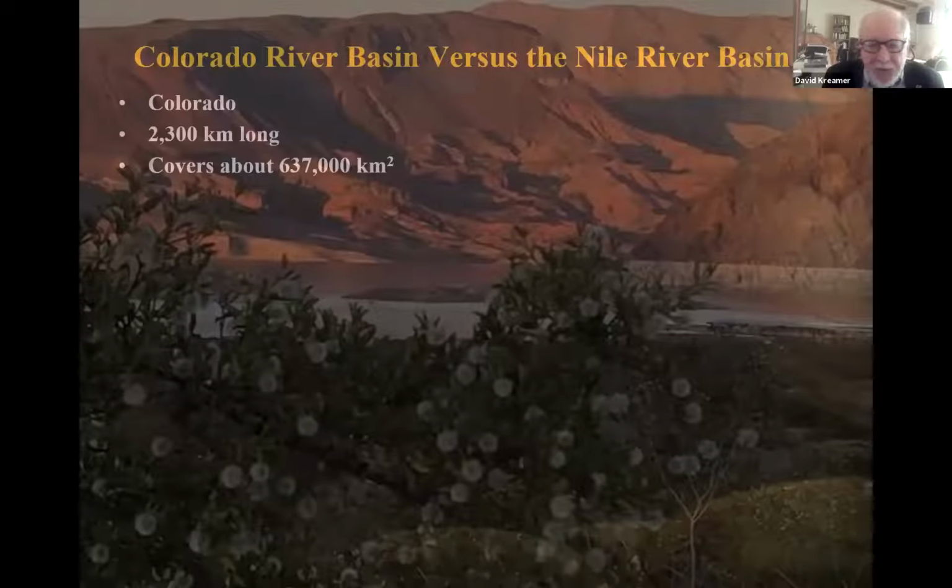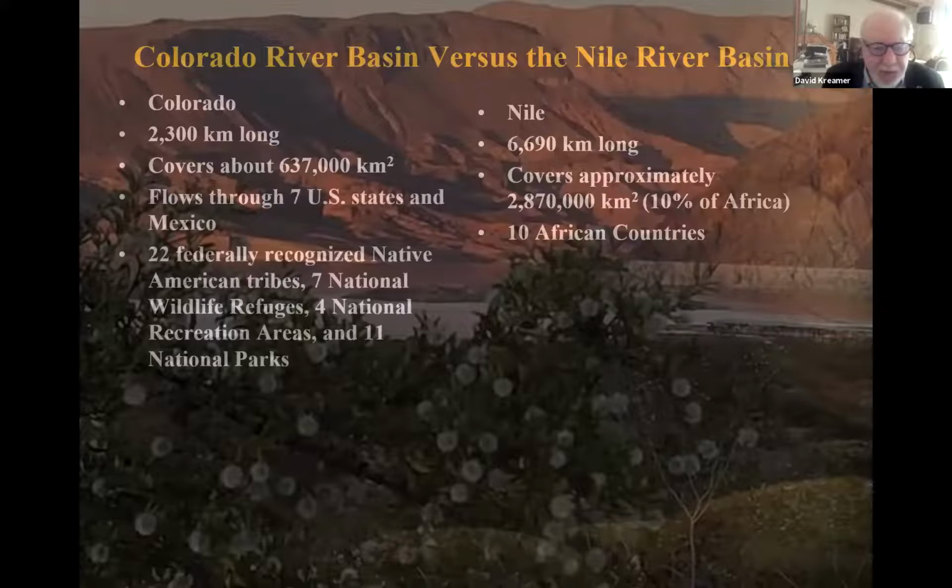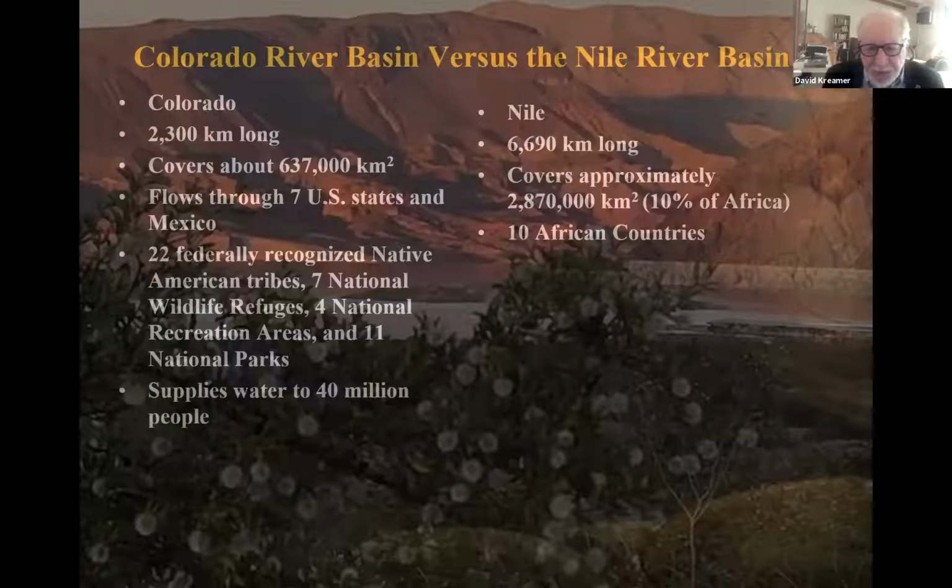The Colorado is a much smaller river and it covers less area than the Nile River Basin, but it has many jurisdictions that it goes through. Whereas the Nile goes through 10 African countries, the Colorado River flows through 7 US states and 22 federally recognized Native American tribes, national wildlife refuges, national parks, recreation areas, and many other different uses throughout the length of the river.